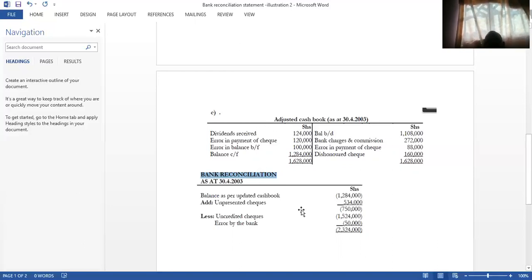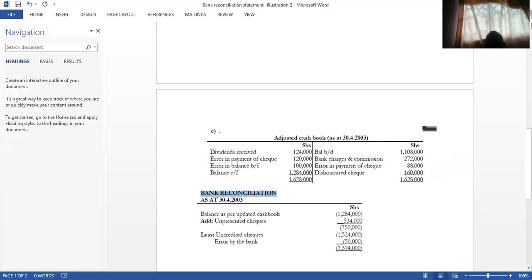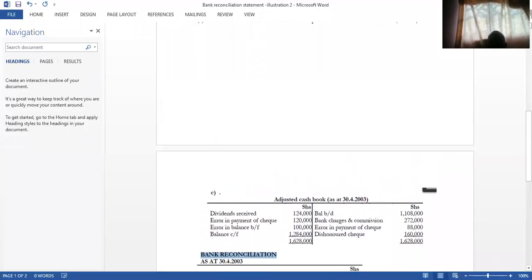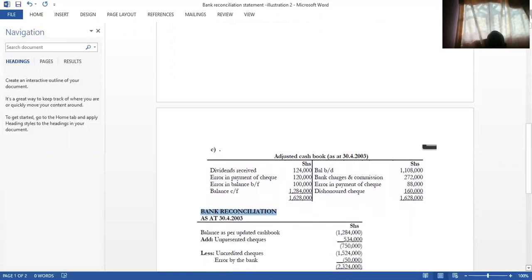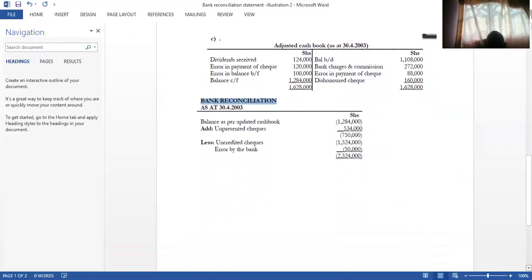And then if it is an overdraft, just bring it on the other side. You balance it off, and then you see this figure here. In the question, you'll always be told the balance as per the bank statement. That figure is not used in most cases. If you start with the balance as per the updated cash book, that figure should only wait, and then you confirm whether the balance that you have obtained at the end of the day here in the reconciliation is similar to that you are given in the question.